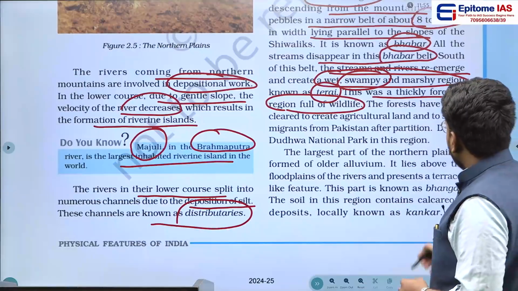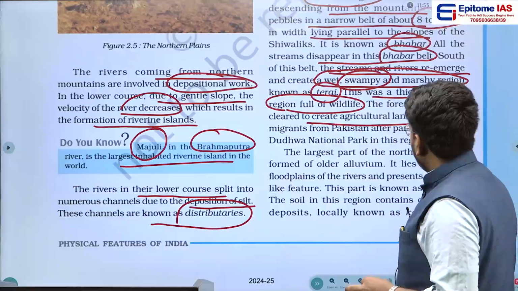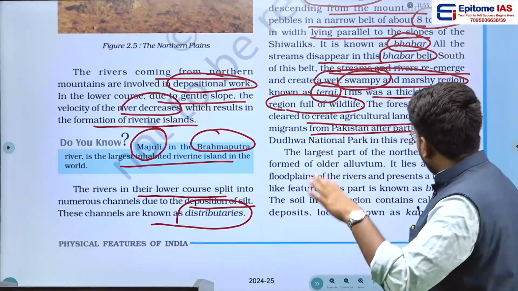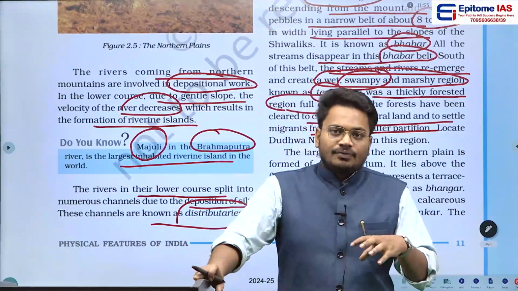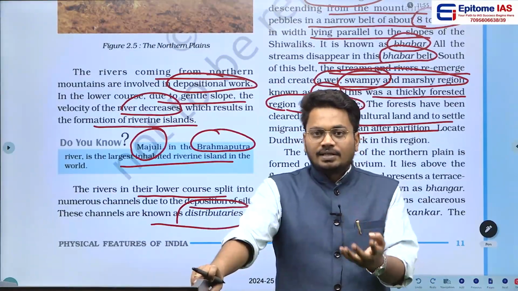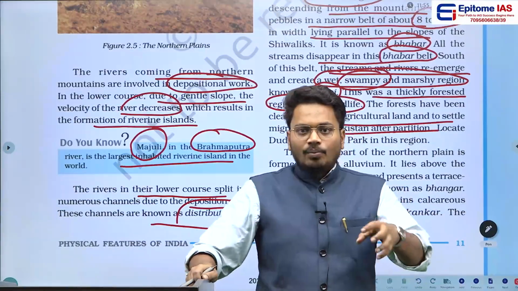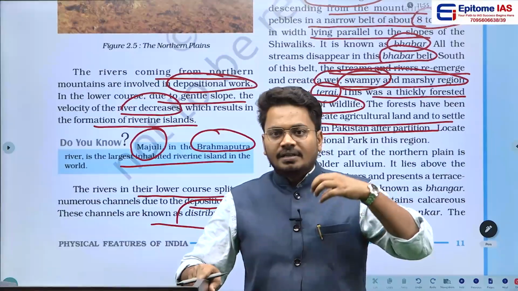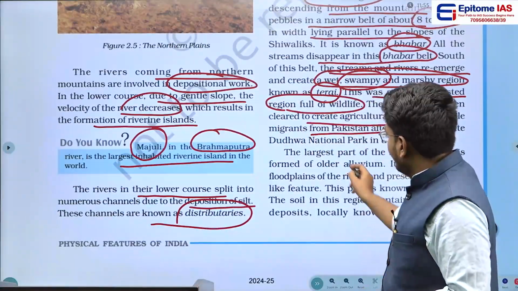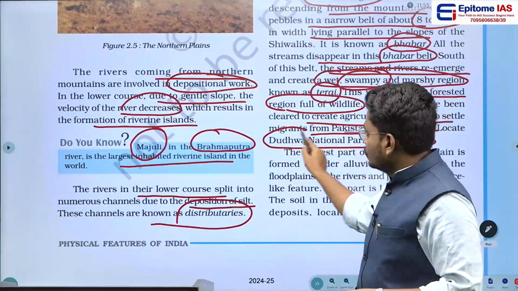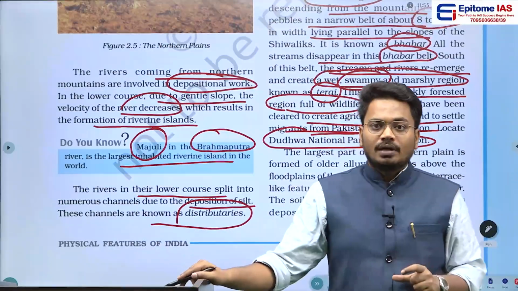Now, the forests have been cleared to create agricultural land and to settle migrants from Pakistan after partition. Here he is saying that the forest present in this Terai zone has been removed. Why? Because people who migrated from Pakistan during partition started coming and living there. One of the national parks is Dudhwa National Park, which is also located in the Terai zone of these plains.